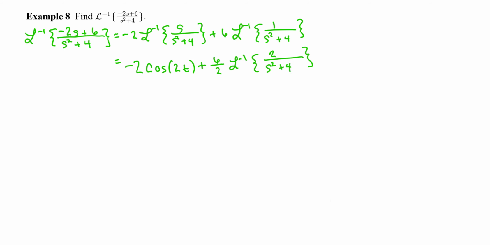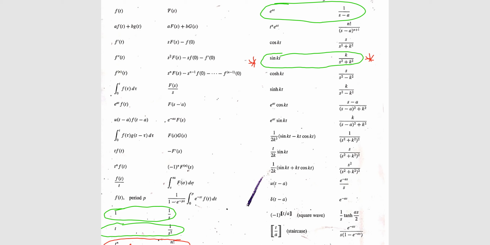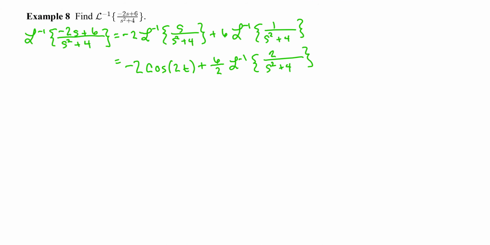So I'm multiplying by 2 and dividing by 2. This is now in the form that matches the table, and I can see the inverse transform is sine of kt, or sine of 2t. Let's reduce this to 3 and call that sine of 2t.